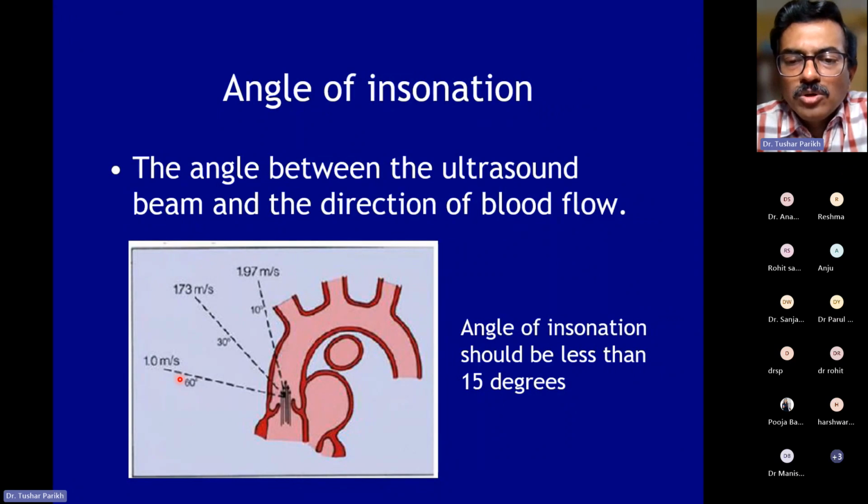If the angle is more than 15 degrees, then the velocity that you got may be erroneously low. But please remember, you will not be able to get an erroneously high velocity. So whichever is the higher velocity you get is likely to be the correct velocity.